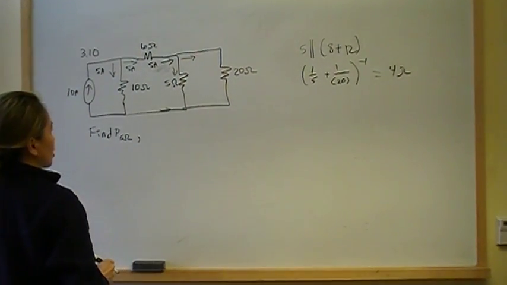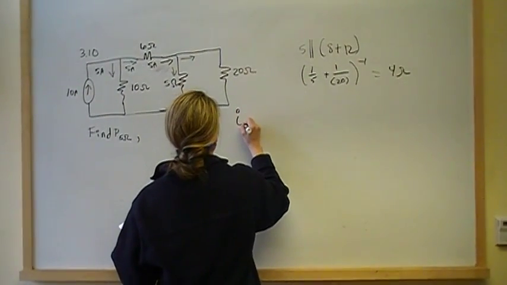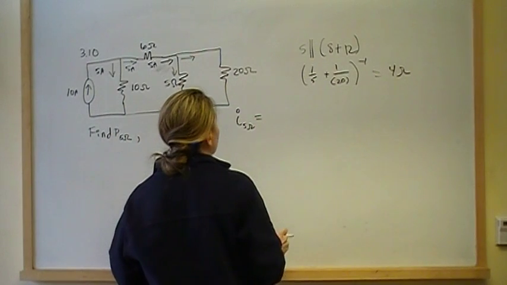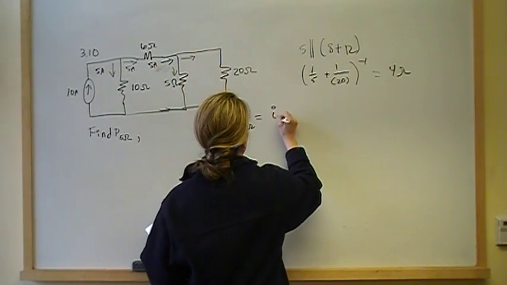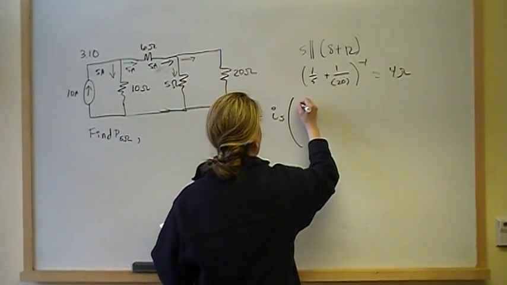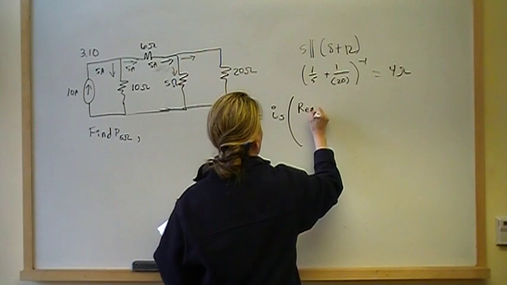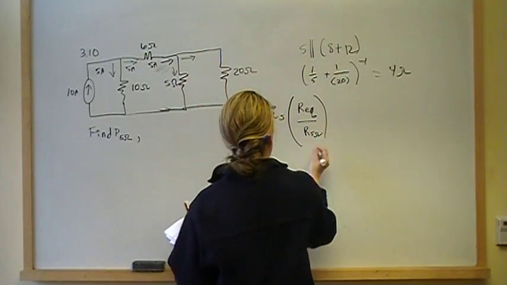This is where we use current division. I want to find I sub 5 ohms, right? And current division says that I can do that by taking the source current going into the node, and multiplying it by Req over R sub 5 ohms.